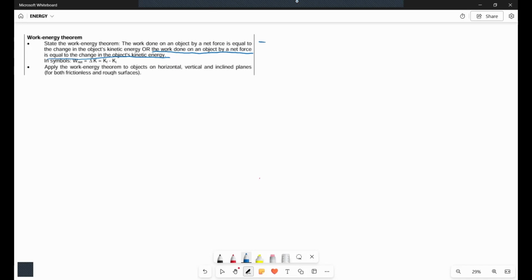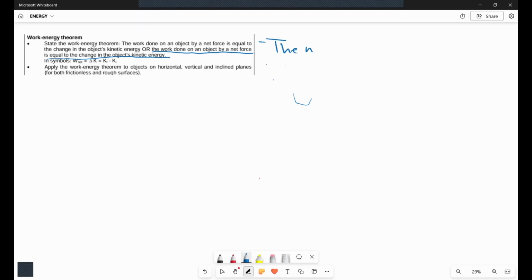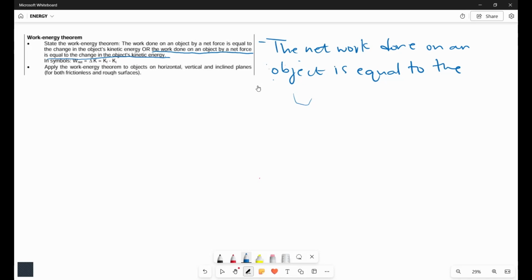That says, sorry, that says the net work done on an object is equal to the change in kinetic energy of an object.